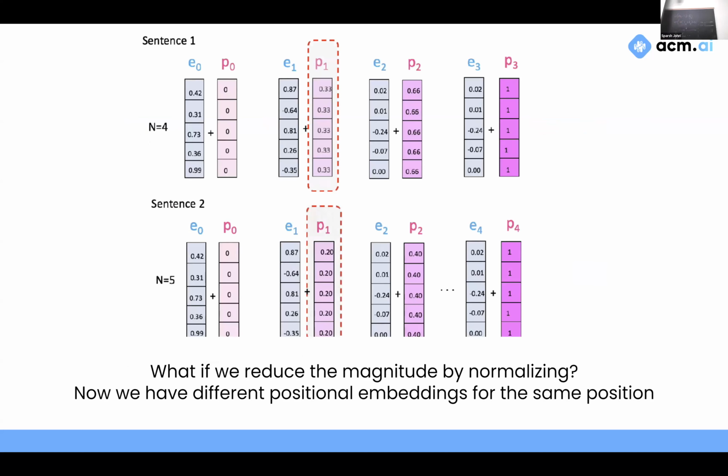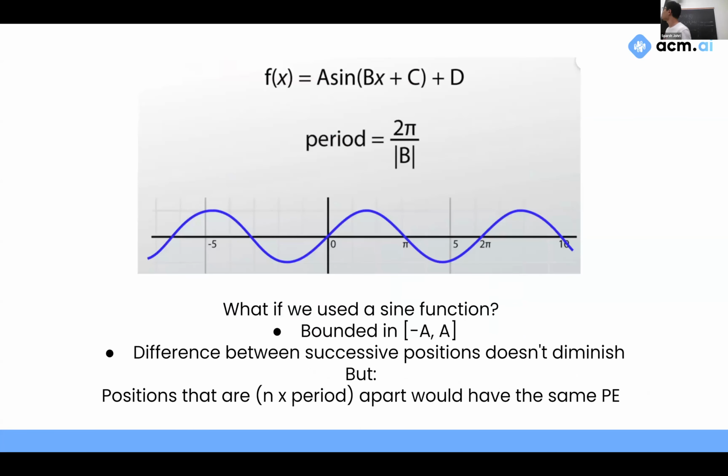We could normalize it so that it doesn't include the magnitude, but still, this vector might be something that doesn't really make sense position-wise.